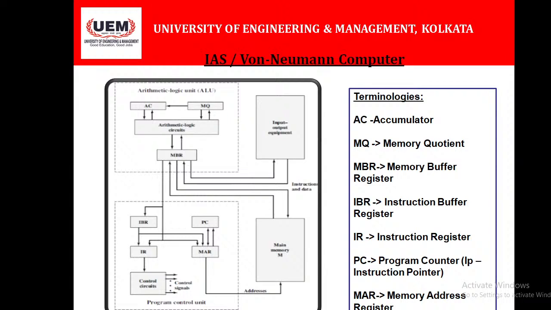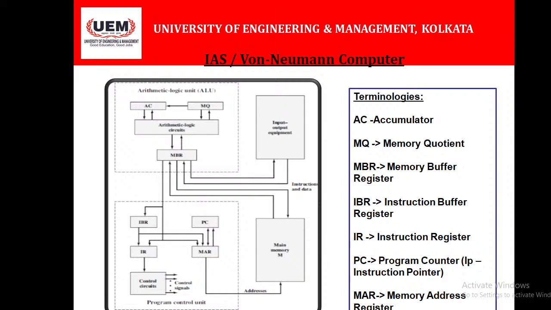But if it is a memory operation, we will definitely use control signals like the read signal and write signal, and depending on read and write, that particular address is read and the data is fetched, or some data is stored there. Different operations happen depending on the type of instruction.